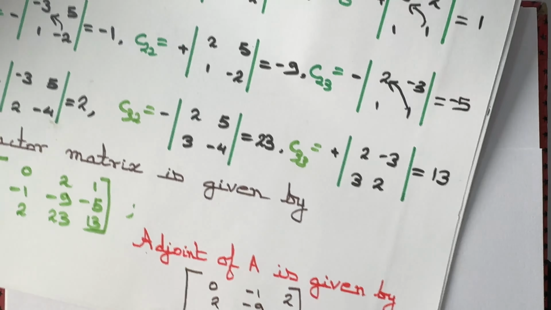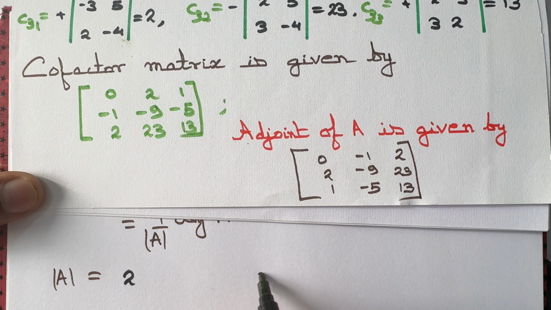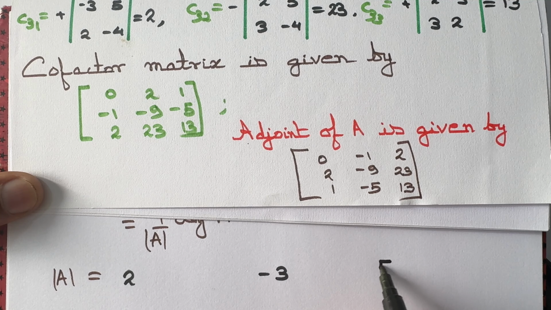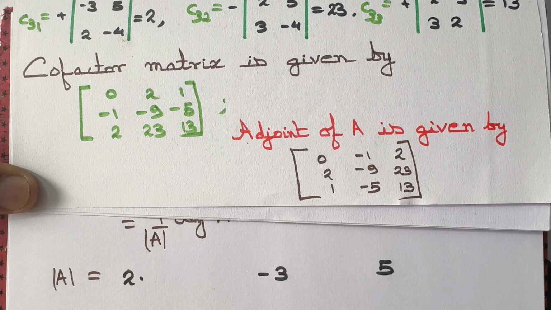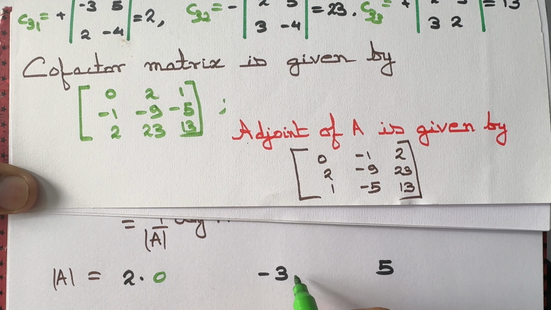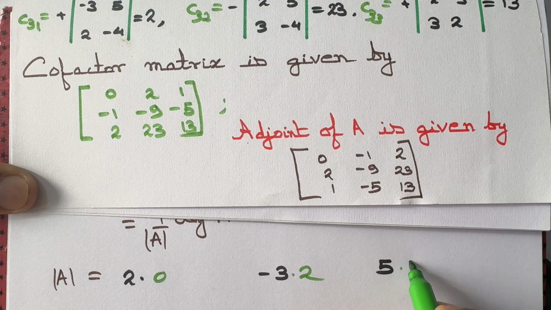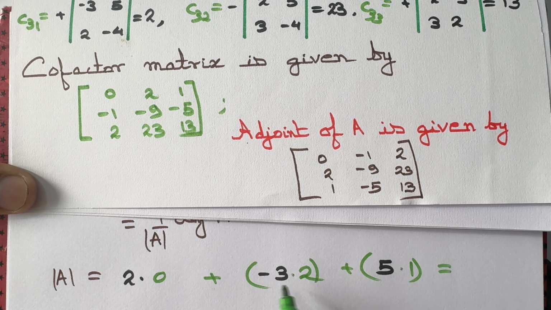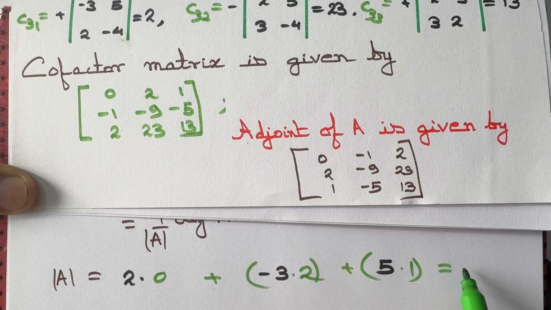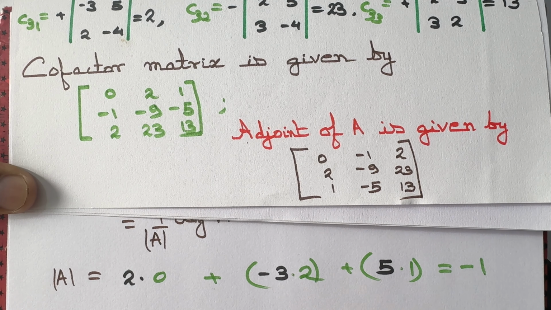When we multiply the elements by the cofactors 0, 2, 1, and then add it, we get the determinant. Well, minus 6 plus 5, that is equal to minus 1.